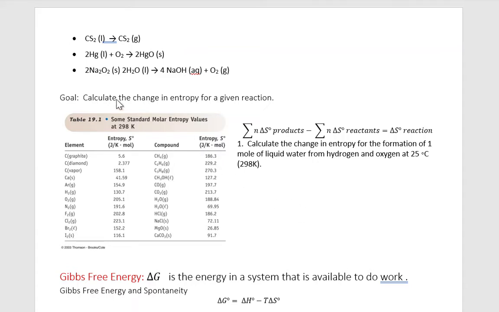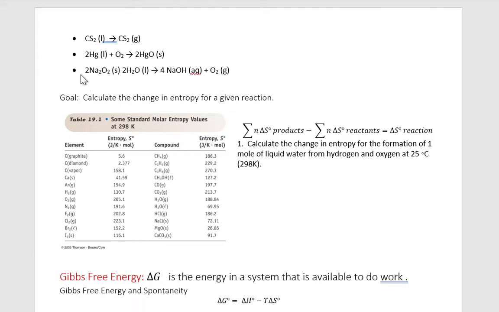And then the last one, I have sodium peroxide, solid. It's going to react with water, and it's going to produce sodium hydroxide and gaseous oxygen. So I am producing gases on this side, so that sure looks like my entropy is increasing, doesn't it?